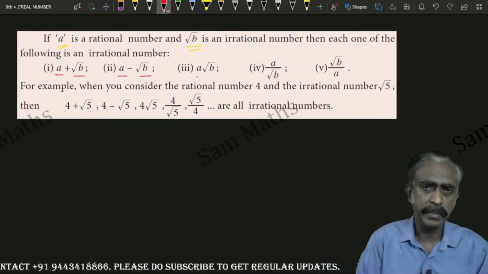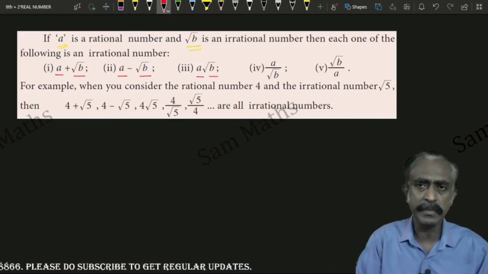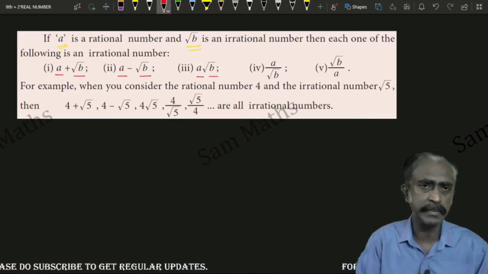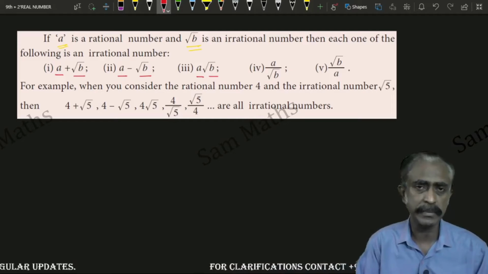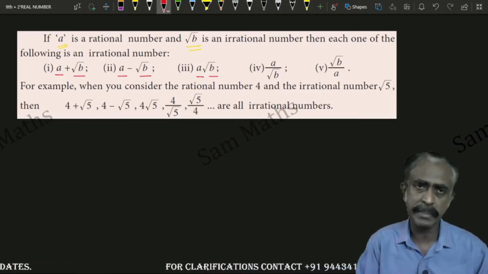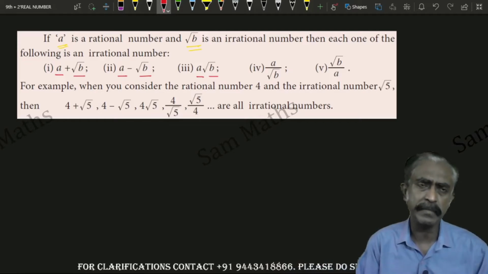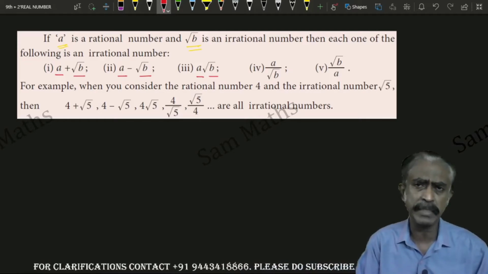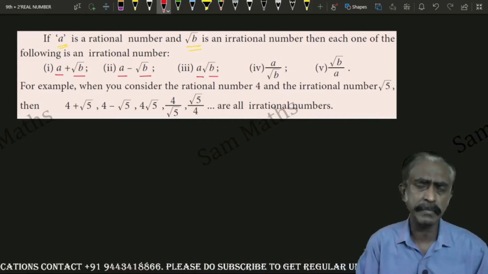Then third one we are multiplying both. Then fourth one and fifth one we are dividing. Okay, children? So all these numbers are irrational numbers. You must know that. If you are considering one rational number and irrational number, if you are operating it, whether it is addition, subtraction, multiplication or division, we are getting only irrational number.